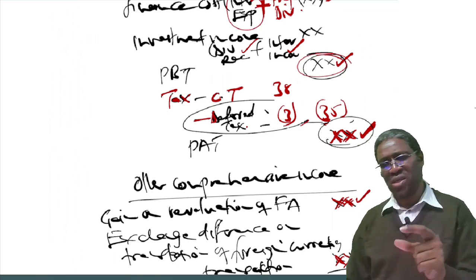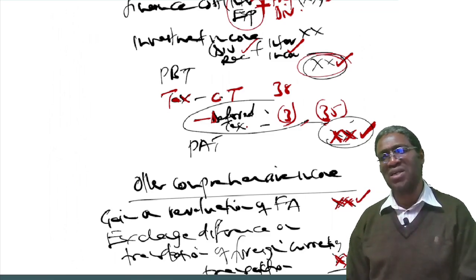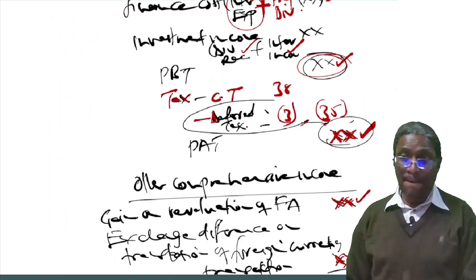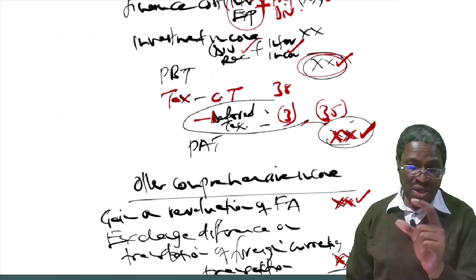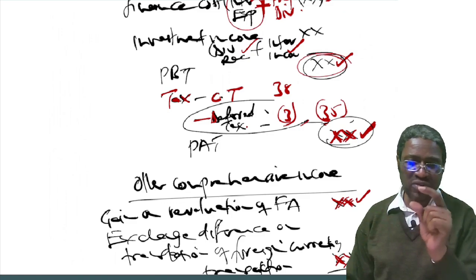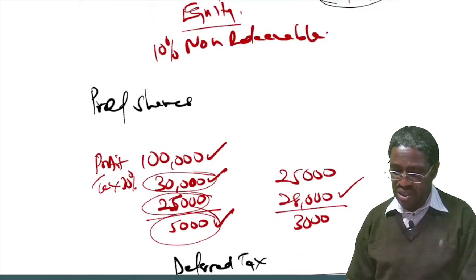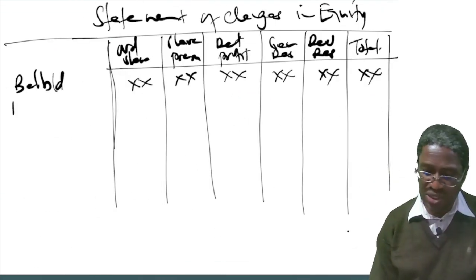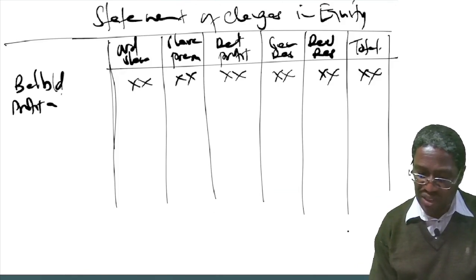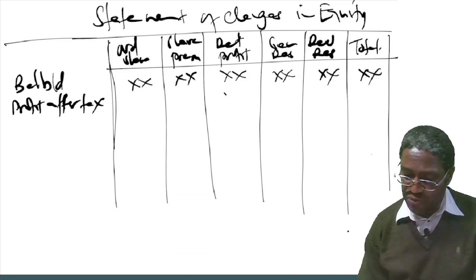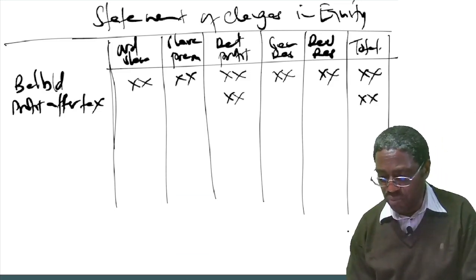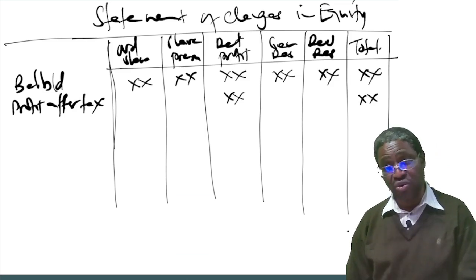In other words, all the appropriations are done in the statement of changes in equity. Meaning, whatever you have got as your profit after tax in the income statement, you will now bring it so that you can appropriate it. You now come and say your profit after tax. You add it to your retained profit. Then you take it to the column of the total. It will increase the total equity.